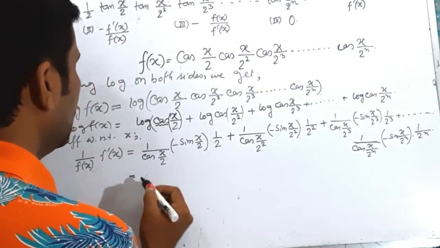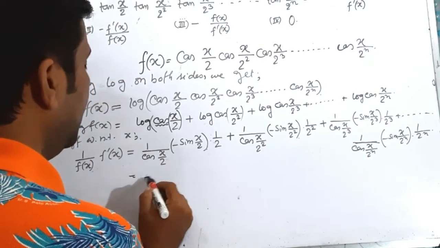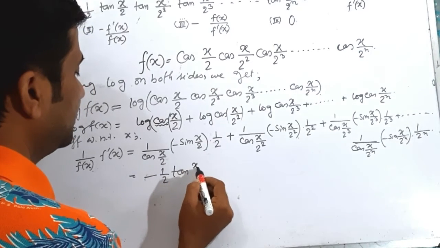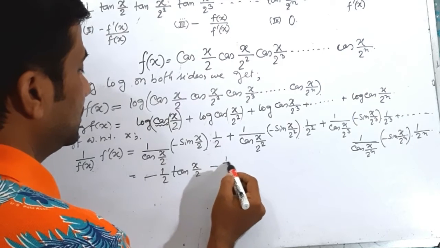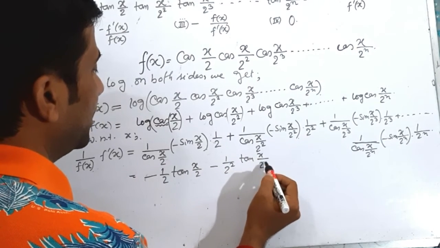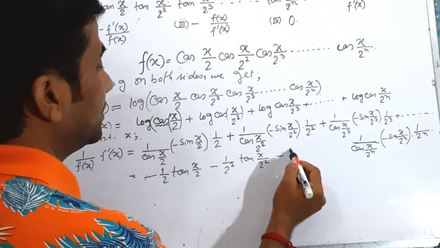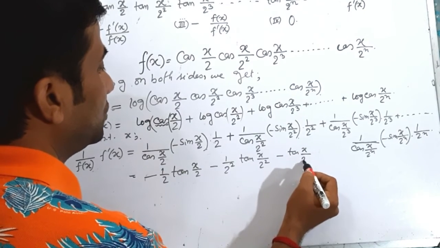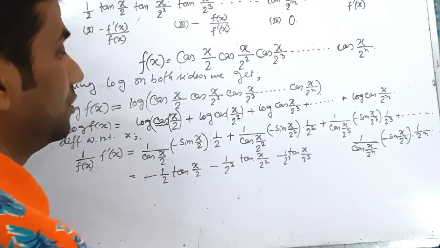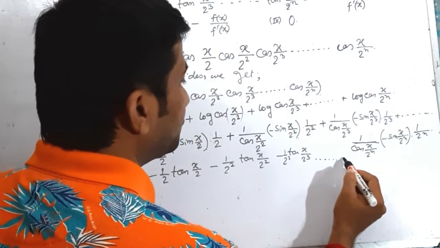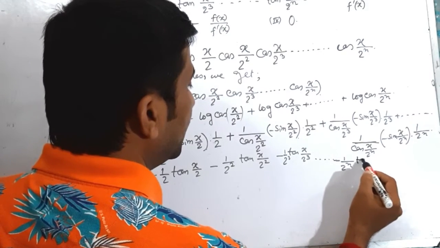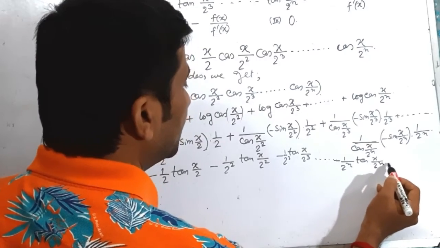And this becomes minus half tan(x/2) minus 1 by 2² tan(x/2²) minus 1 by 2³ tan(x/2³), and so on, minus 1 by 2ⁿ tan(x/2ⁿ).